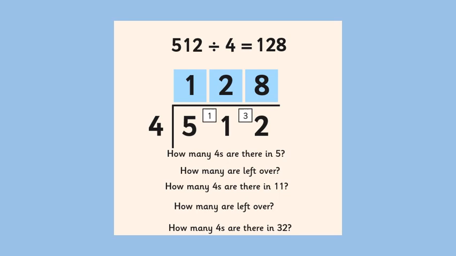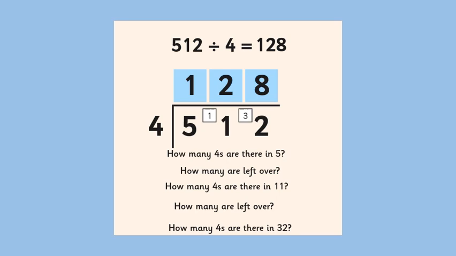Next step is how many groups of 4 are there in 11? So we know there are 2 groups of 4 in 11. 4 times 2 is 8, and 11 take away 8 you are left over with 3. And that 3 that's left over does not get ignored. We write it right beside the next number, which is a 2, and that becomes 32.